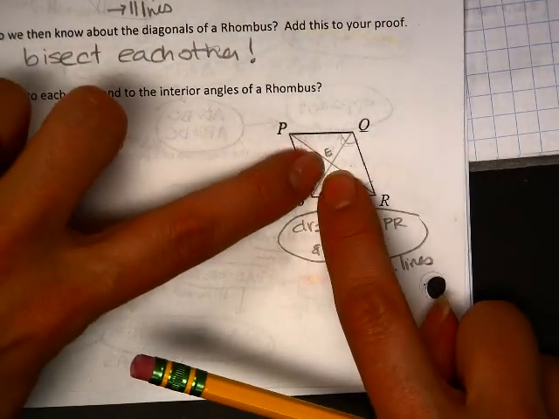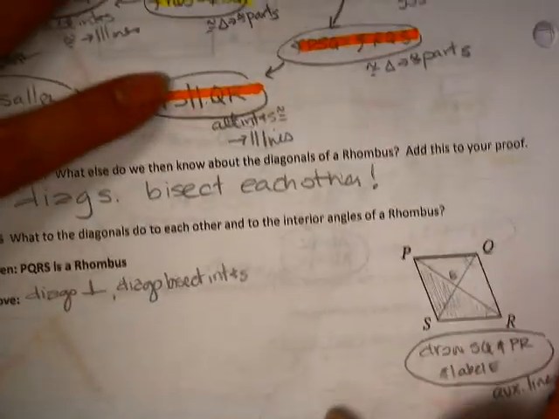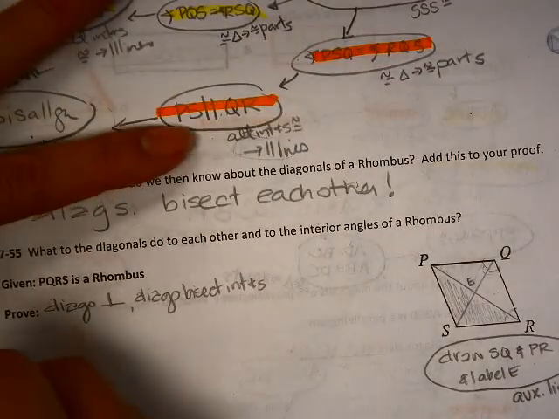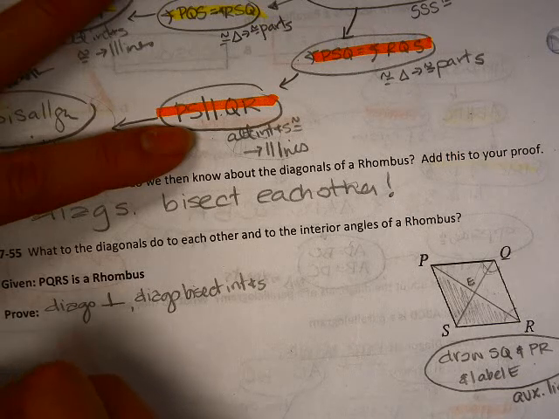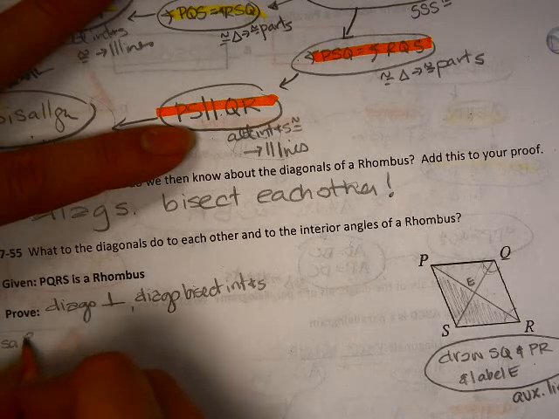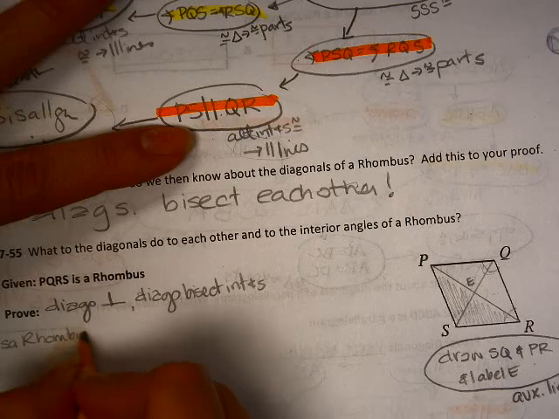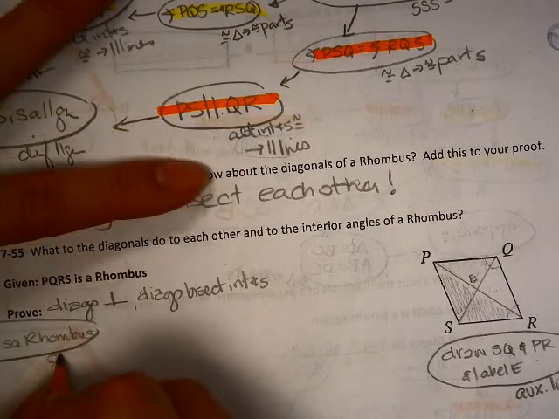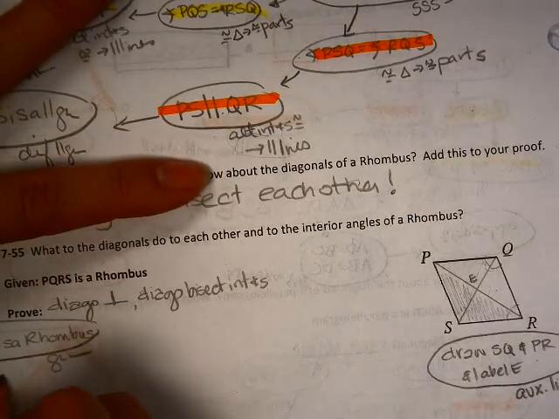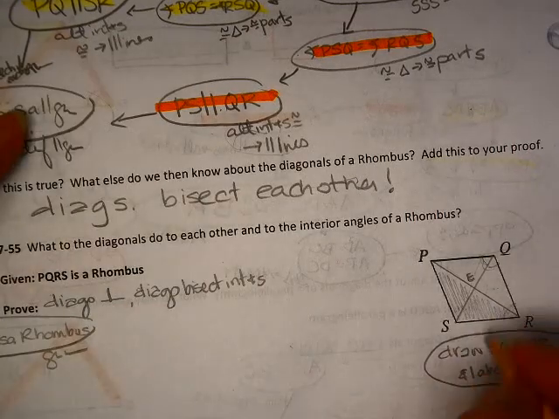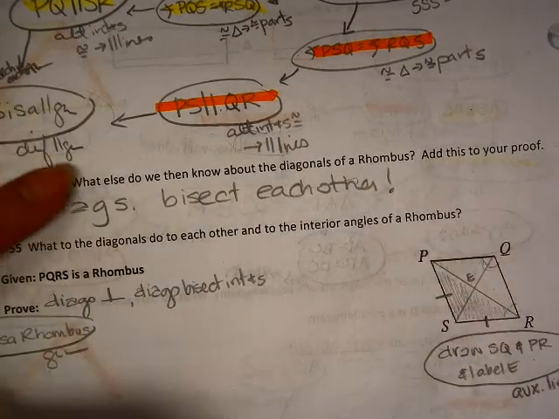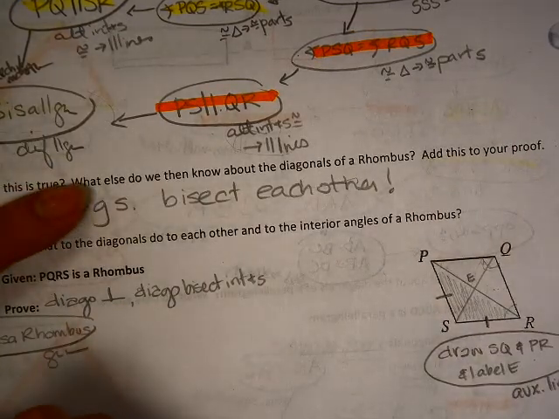And I can also somehow prove that these are 90 degrees. So that's my goal. I'm going to start off with our given. What I can use with my given is I know the definition says that these two guys are equal to each other.